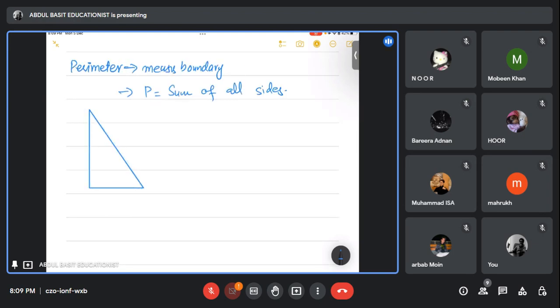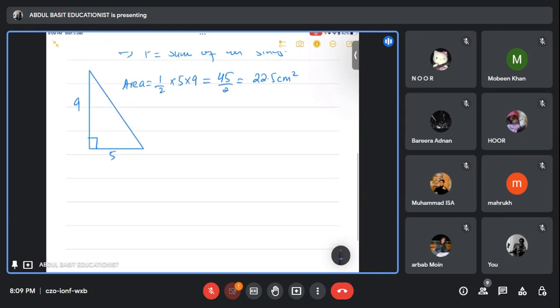This is a right angle triangle right in front of you, and that's 9, that's 5. So the area is equal to 1 by 2 multiplied by 5 multiplied by 9. 5 nines are 45. 45 divided by 2 is 22.5 centimeter squared, because area is a square quantity. Everybody, I hope this is clear. It's very basic. This is type 1.